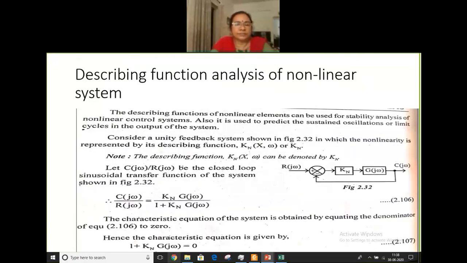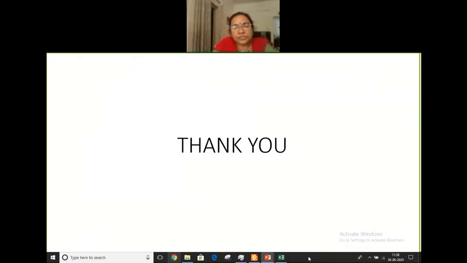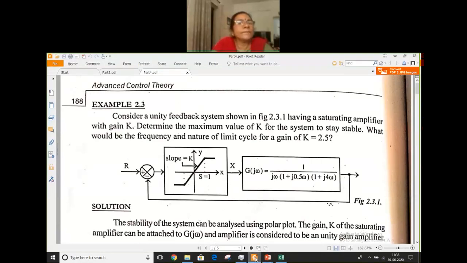Now let us see the describing function method. For doing this problem we need to find the describing function of that non-linearity. What is this non-linearity? Just see this diagram.